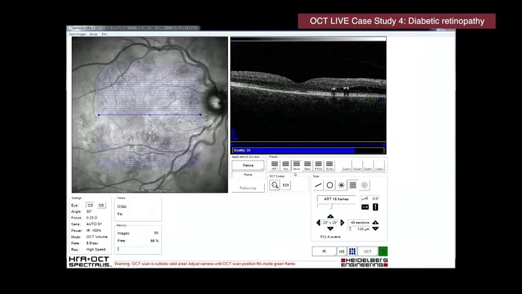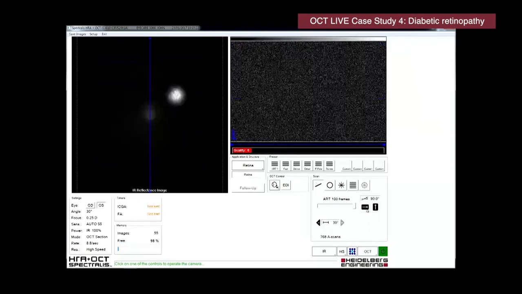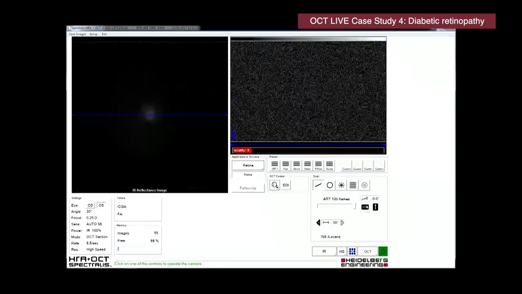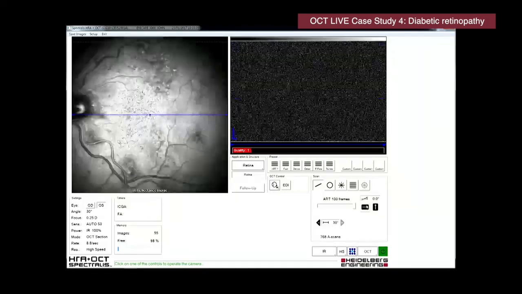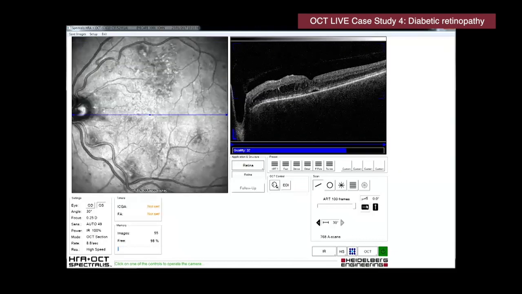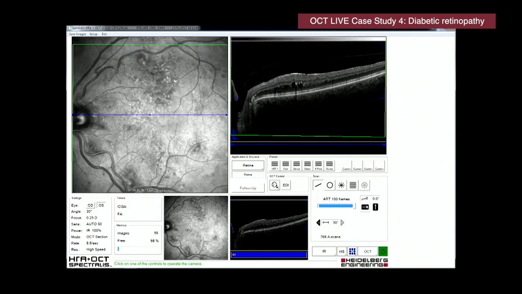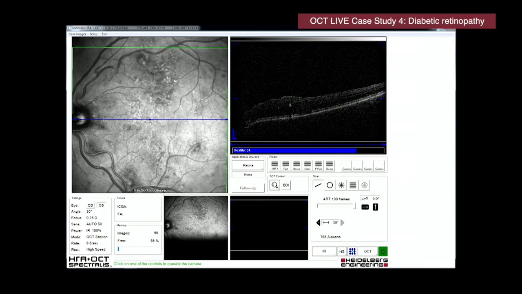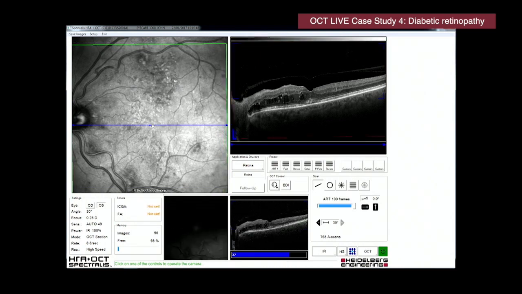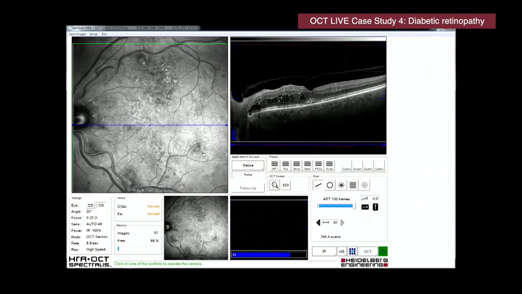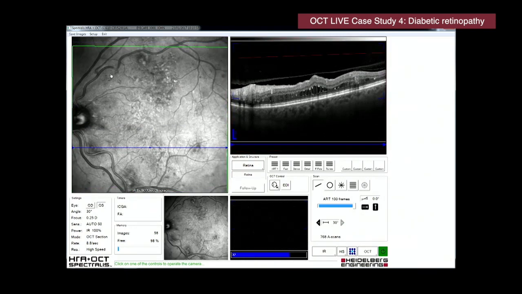Okay. I'll look at the other eye then, Phil. Just going through this area just at about 4 o'clock, which there. And again, superiorly, this area here.